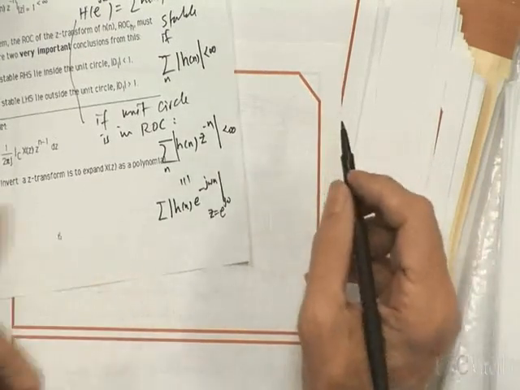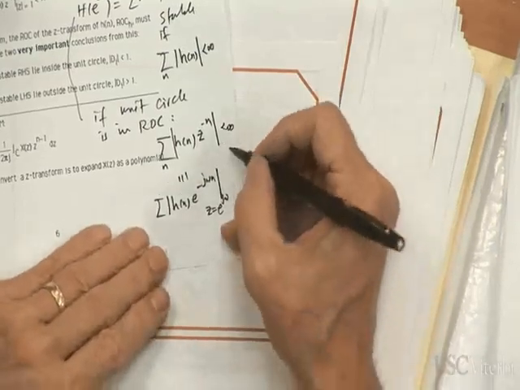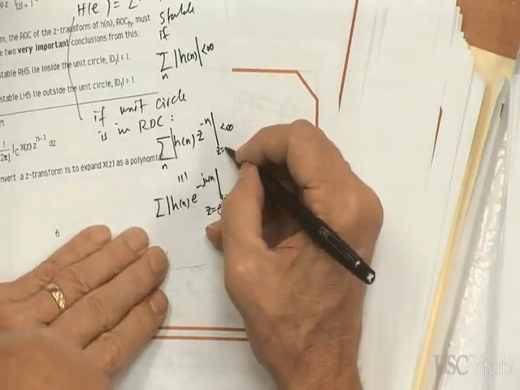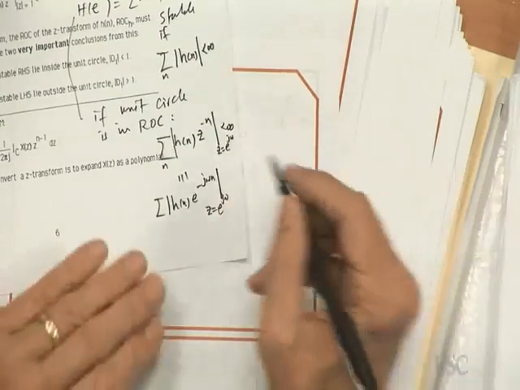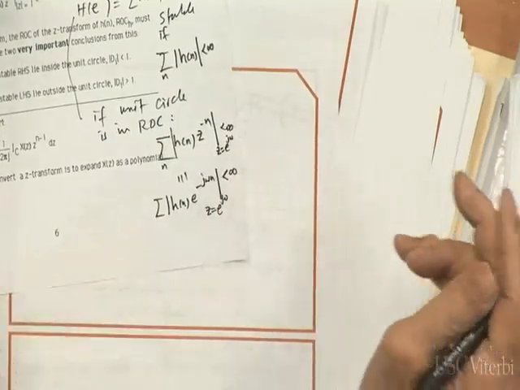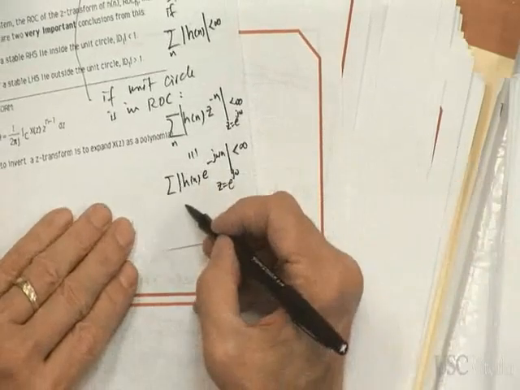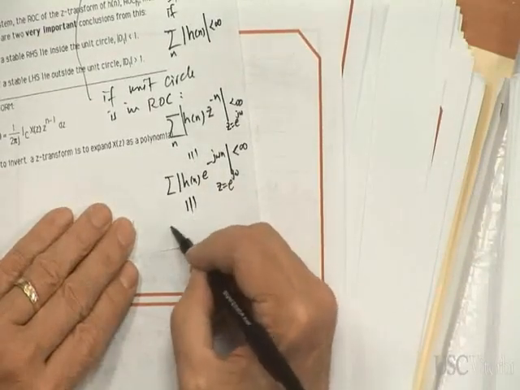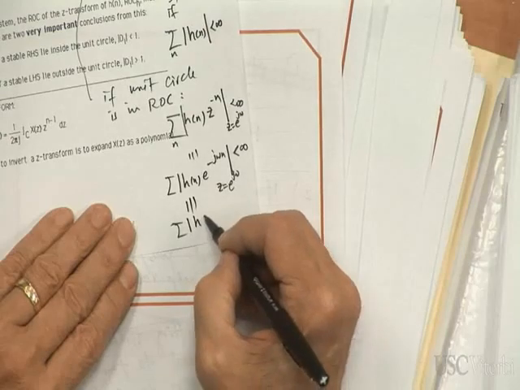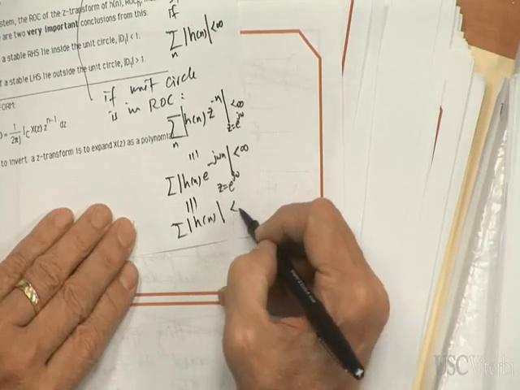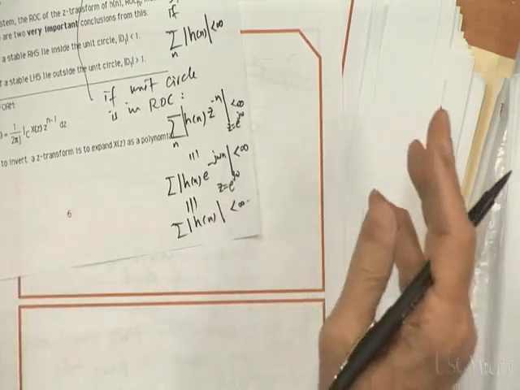And if I told you the unit circle, z equal e to the j omega, is in the region of convergence, well, notice this, the magnitude of e to the minus j omega n is 1, and so this is equal to the sum of magnitude of h of n, less than infinity. So what can we conclude?